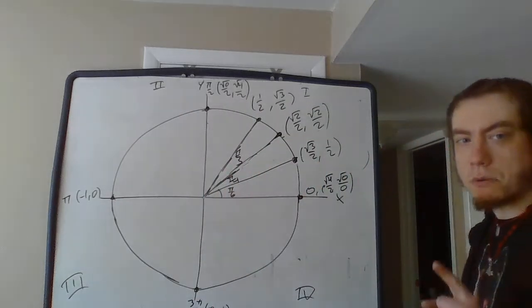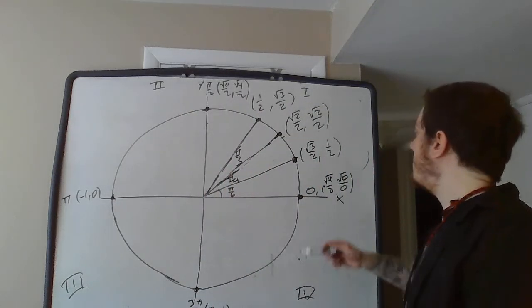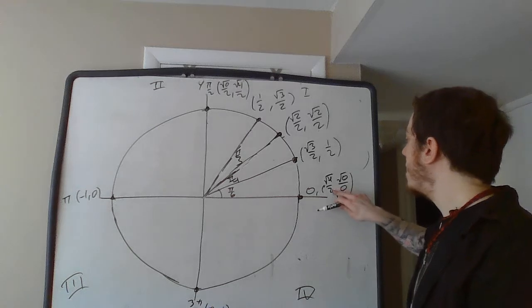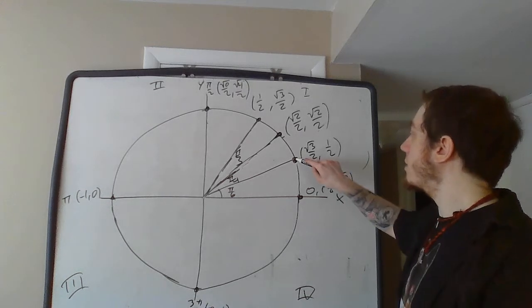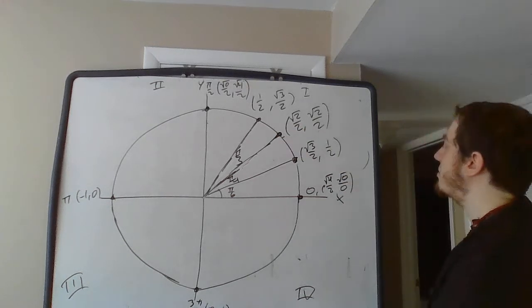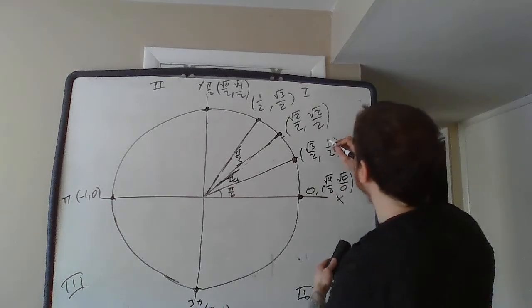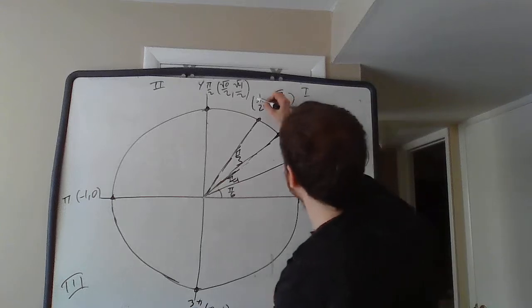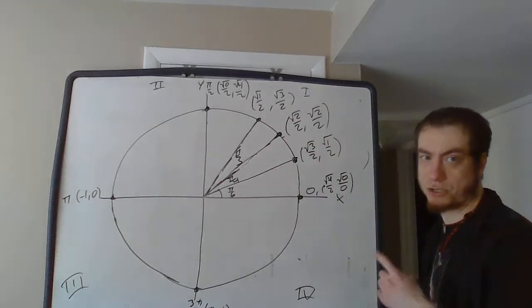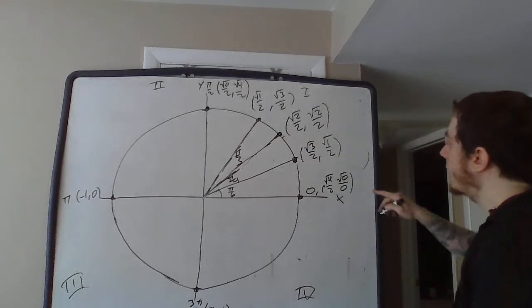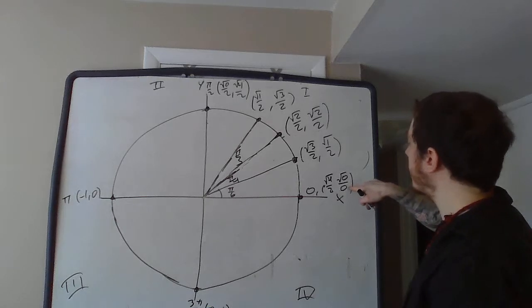Now, why would I want to write it that way? Well, it's because it makes a really nice pattern in the x and y coordinates of these terminal points. Look what happens to the x coordinates. Everything is actually over 2, because I can put a square root here over the 1, since the square root of 1 is still 1.